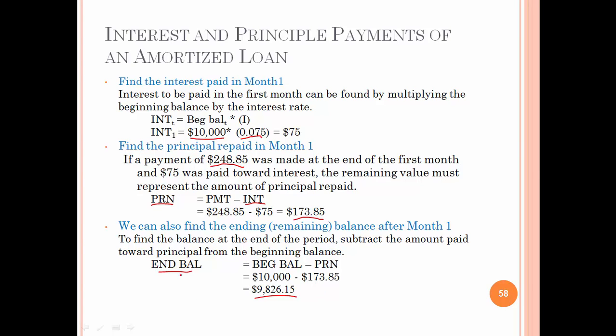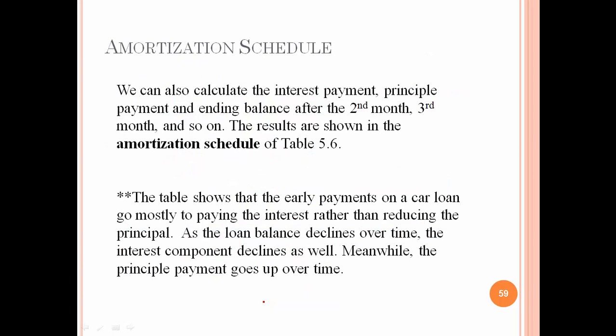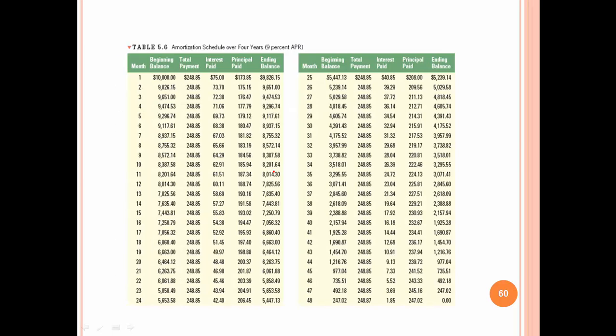So this is how we look at the first month: once you make your first payment, the balance of your loan gets lower. We can also look month by month, but to save some time, we're not going to calculate month by month. We can just look at Table 5.6, which is a so-called amortization schedule table.